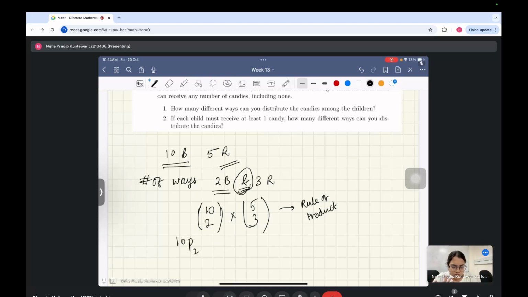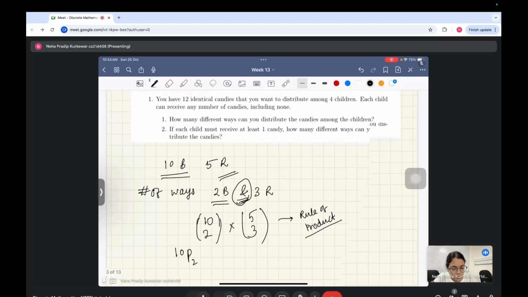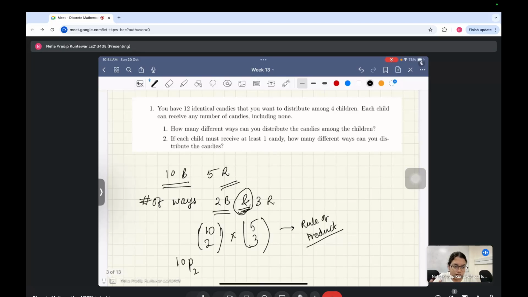So that is a quick recall of the combinations and permutations that we saw. We also saw one technique called stars and bars counting. What does that say?